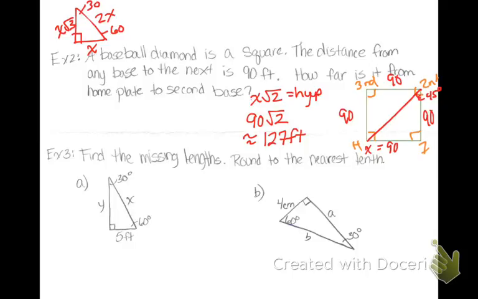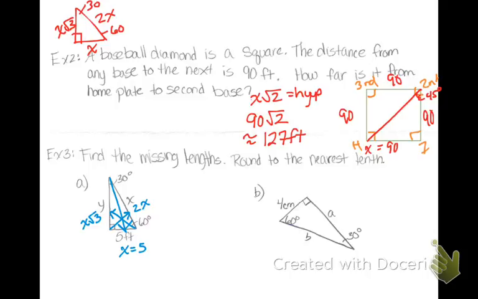I'm going to use a different color, blue. Opposite 30, so you take your 30 and put an arrow going to the opposite. That is my x, and I'm going to make it equal to 5. Now, opposite 60 is the formula x square root of 3. Writing this on your paper is really helpful when you draw it out so you can figure out which one is next. And then opposite 90 is 2x.